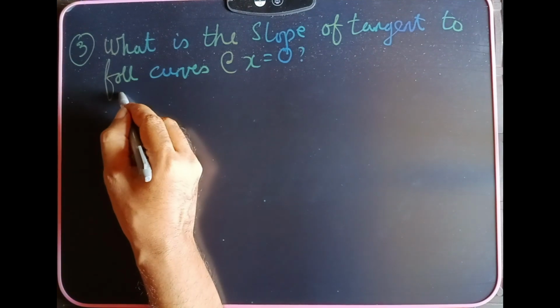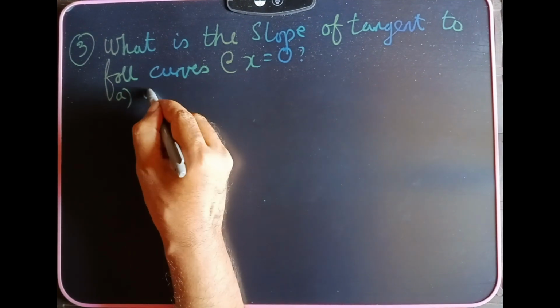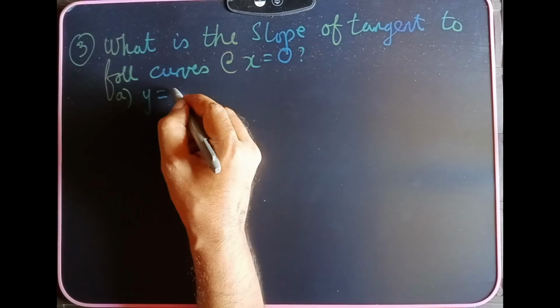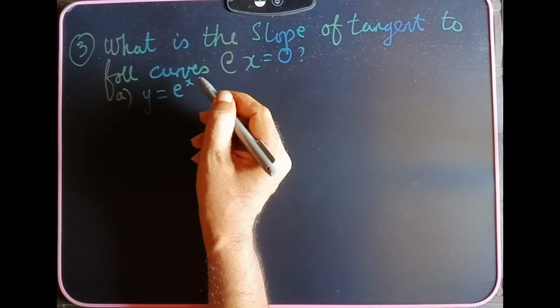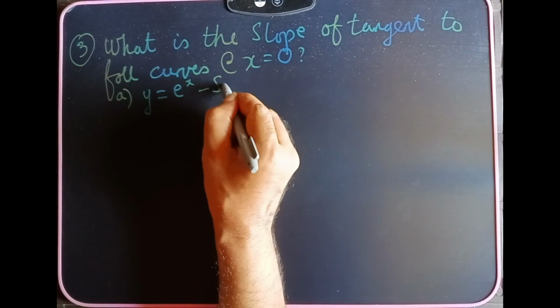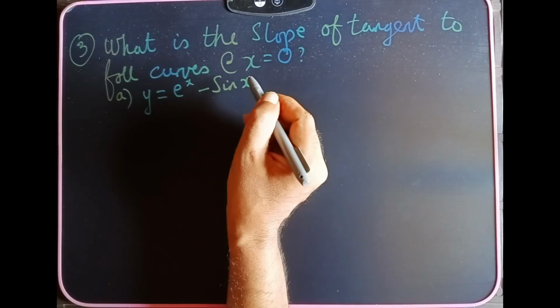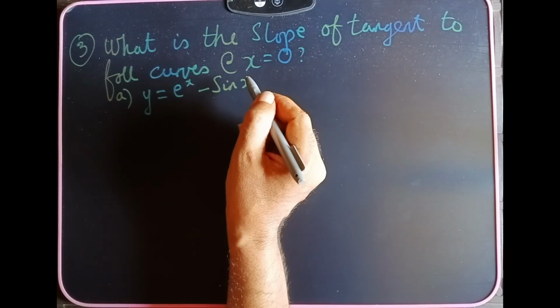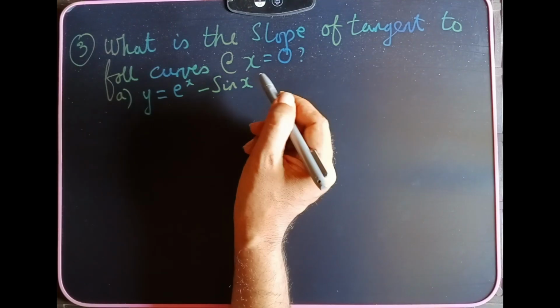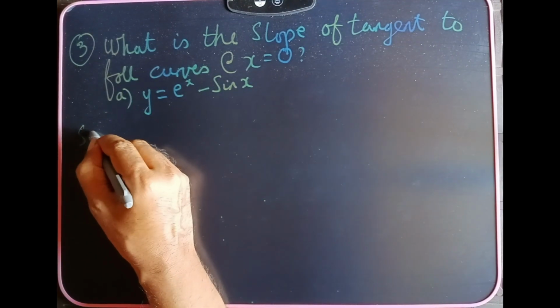With the first curve, which is given as y is equal to e raised to x minus sine of x. So how will you solve it? How will you solve it? I'm going to solve it here.